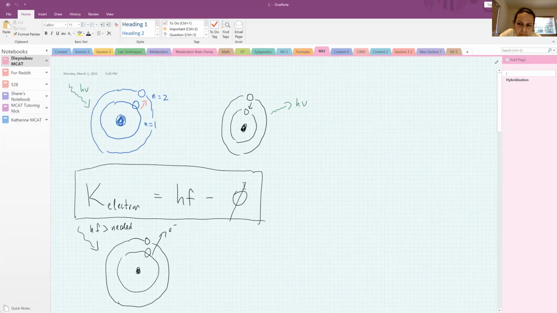But think about ionization energy. It's the energy that's required to cause something to become an ion. So let's say it becomes a positively charged ion. That means that the electron is given enough energy to no longer be bound to the atom. So that amount of energy is the work function. But then that electron doesn't become a positive charge, does it?